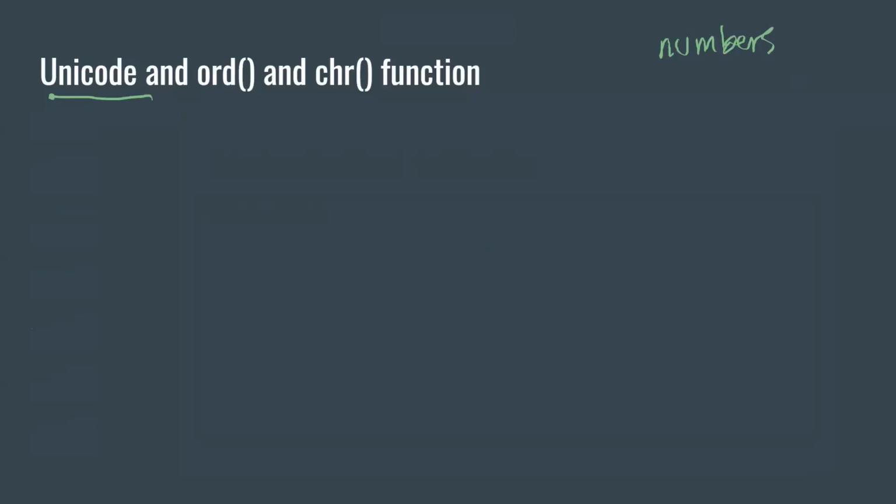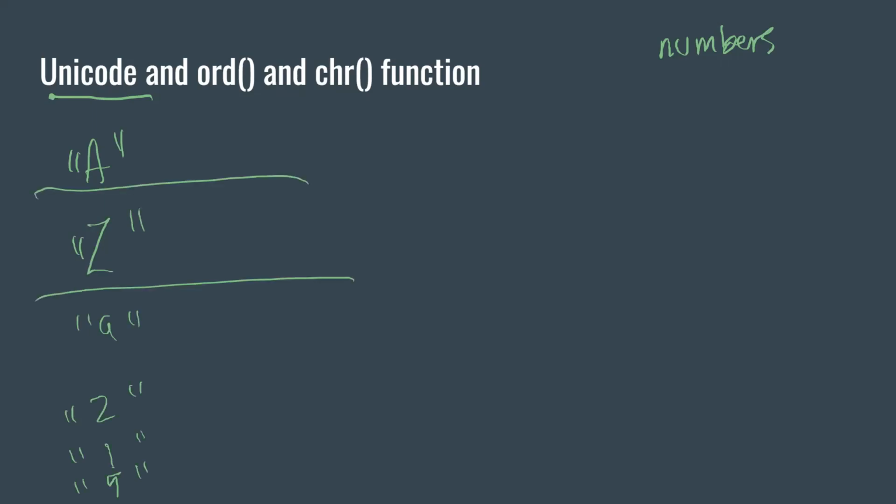So characters, any character you have in any language, from capital A to capital Z and small a to small z, even the characters representing numbers like 1, 5, and so on, all of these will have a corresponding number that is stored in the computer whenever you use this character.